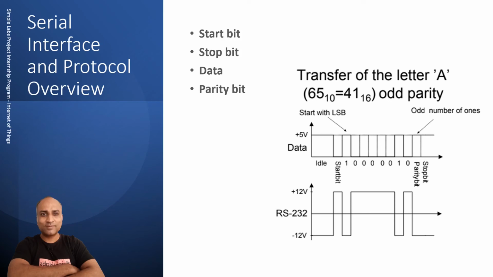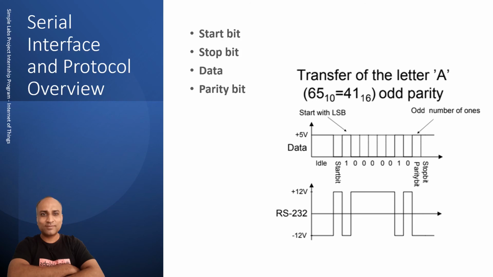But this is again what a protocol defines. It defines what should be the length of a start bit. Can it be a single bit? Can it be a longer duration than the data bit? What is the variation between a start bit and a data bit? What is the variation between a start bit, a stop bit and a parity bit? All of this is what a protocol defines.